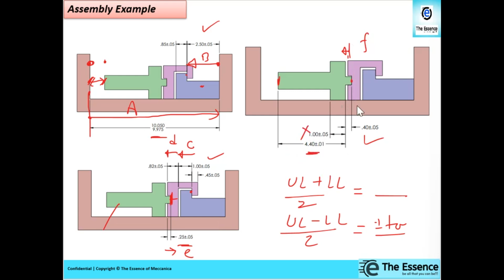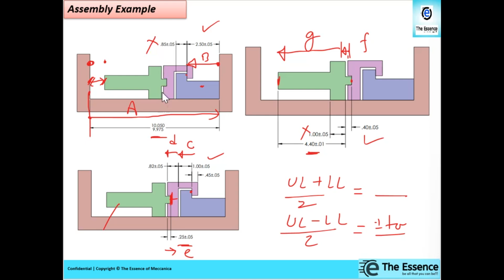Need not use this. Why will I go there? Directly from there, this dimension is given, right? That is G for me. So in this way we prepare the loop diagram. This is not required to be used in the tolerance stack up analysis. This one is not needed to include in tolerance stack up analysis, right?